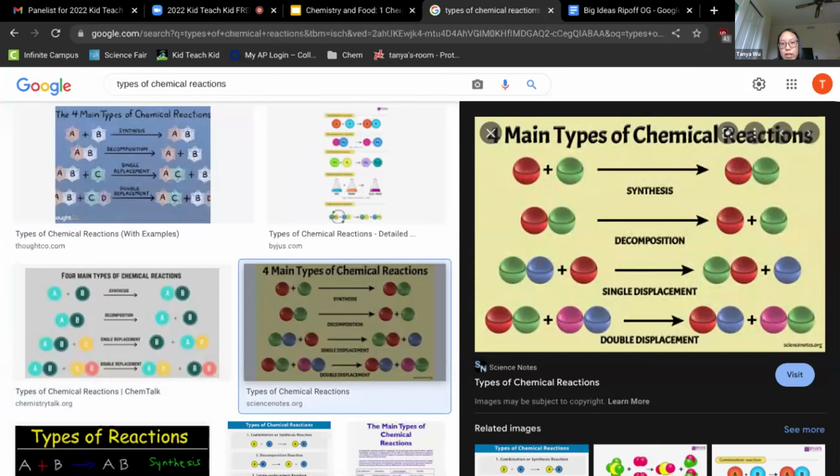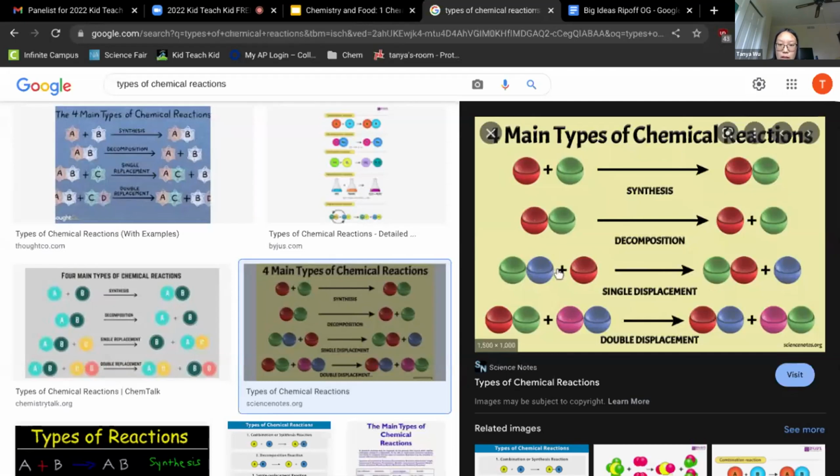There are 4 main types of chemical reactions. And we're going to do these now. So a synthesis reaction is when two different molecules or atoms come together to make one larger molecule. Decomposition is the exact opposite, where they break apart.